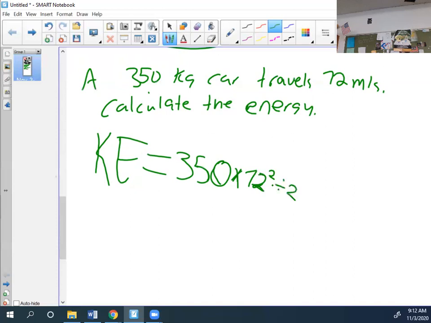So what's the answer? I think Zanari said he has the answer. Anybody else have the answer? He does not have the right answer. What you got? 9,000. You don't have to write it in. It's 907,200. I got 126.